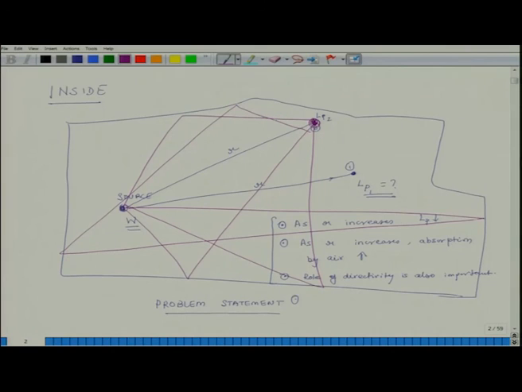So, based on this physical understanding, people have used knowledge of statistics and ray mechanics and things like that, and people have come up with a relation.